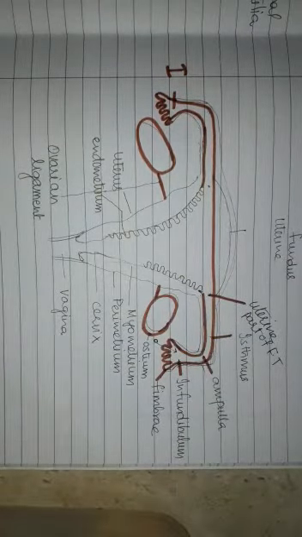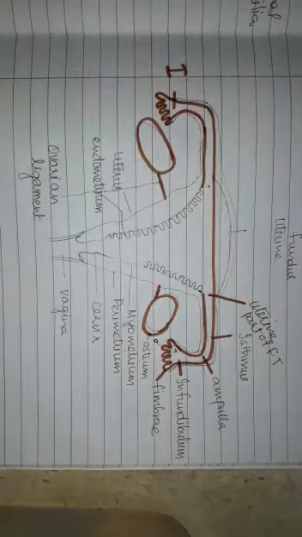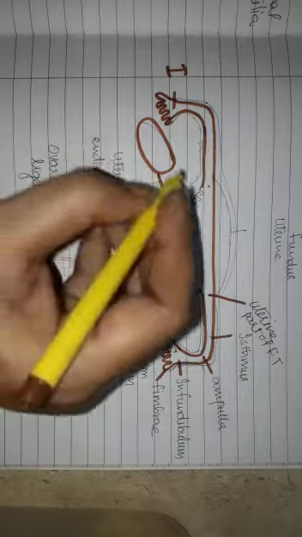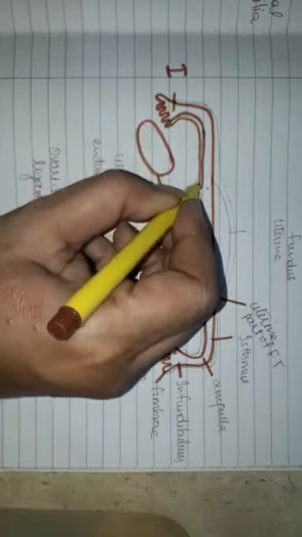Now the next part of the female reproductive system is the uterus.